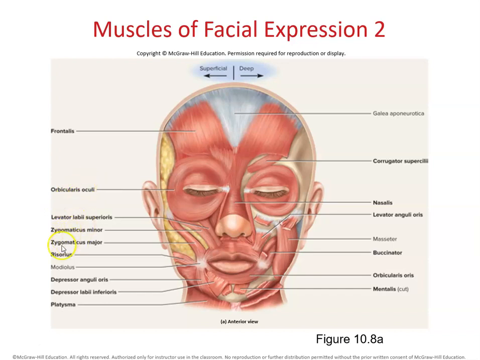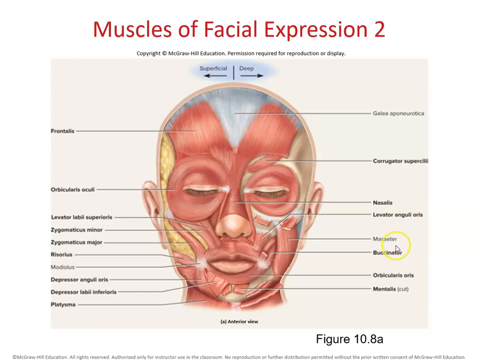Okay, some of these muscles here, zygomaticus major and zygomaticus minor, are going to be involved in smiling and moving the mouth. We have another kind of round sphincter type muscle here, the orbicularis oris, that's going to be around your mouth.